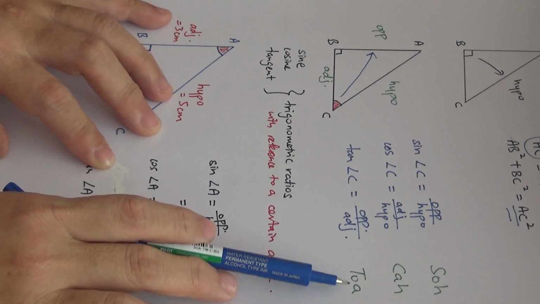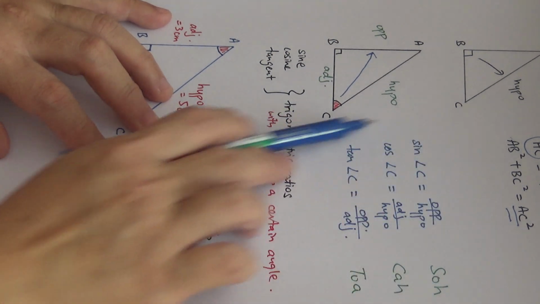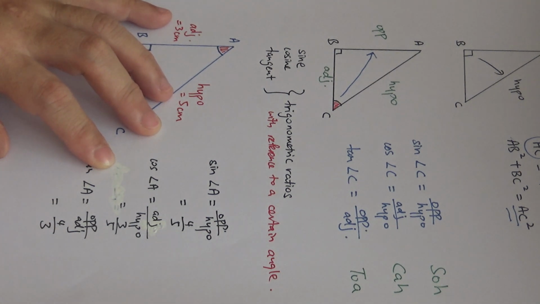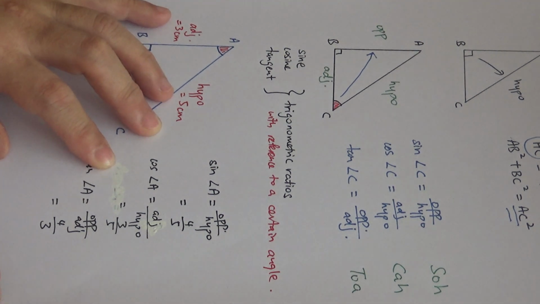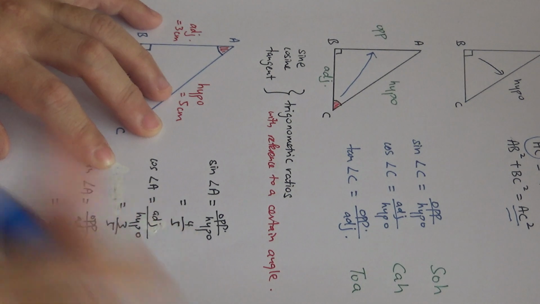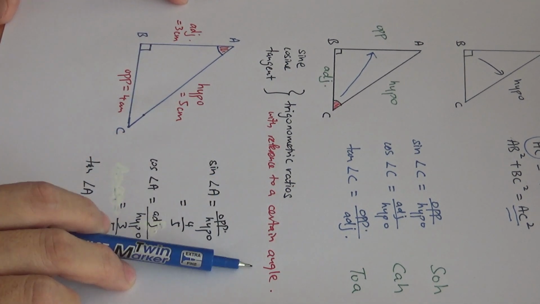Tangent is opposite over adjacent. So you use tuakaso to memorize the three trigonometric ratios for a certain angle. Remember, sine, cosine, and tangent must be with reference to a certain angle.